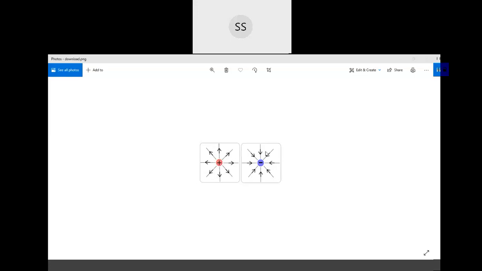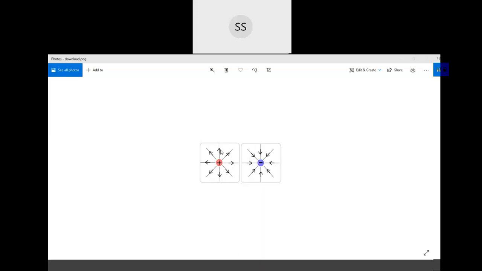We can see in case of a negative source charge also, but the only difference is that the direction is different, because we test it with the help of a unit positive charge, and a negative charge will always attract that charge. That's why it is inwards, and since a positive charge will repel that positive point charge, that's why the direction is outwards.